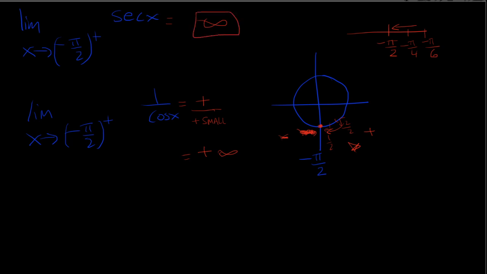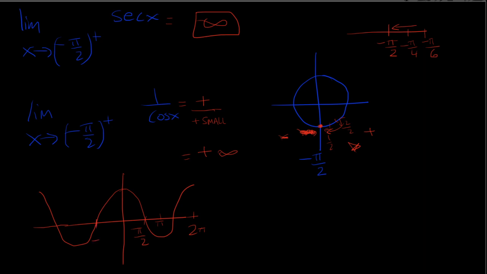Another way you could have done this is by graphing it. So you could have graphed cosine. So let's say you have cosine of x, and you know that you need to go a little more to negative pi over 2. So let's say this is 2 pi, this is pi over 2, so this would also be negative pi over 2.